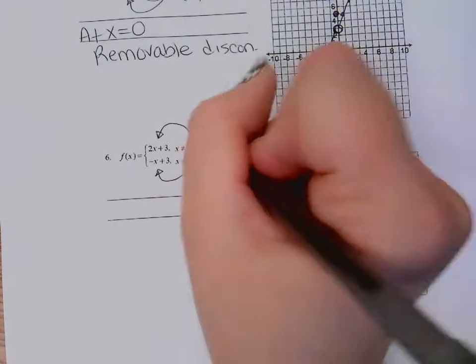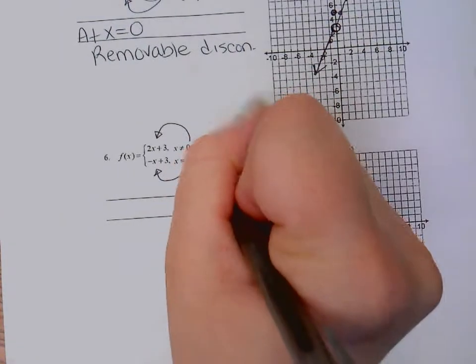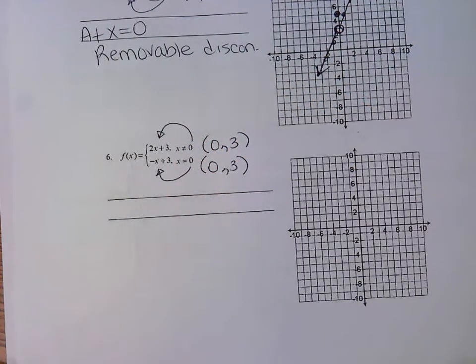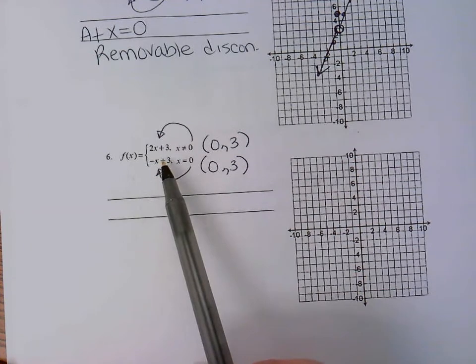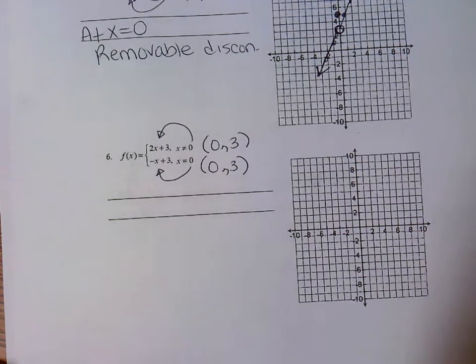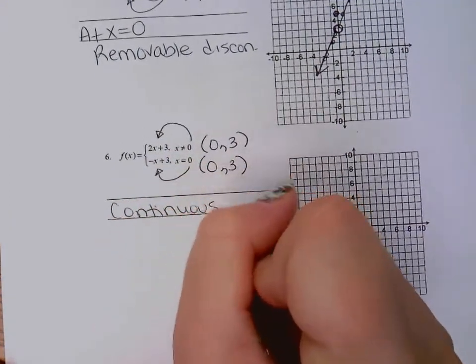So in the first function, I would get 0, 3. And in the second function, I would get 0, 3. So actually, this function is going to be continuous because even when I jump down here to the other function, it's going to fill in the same value that I was missing in this top function. So this one's actually going to be continuous everywhere.